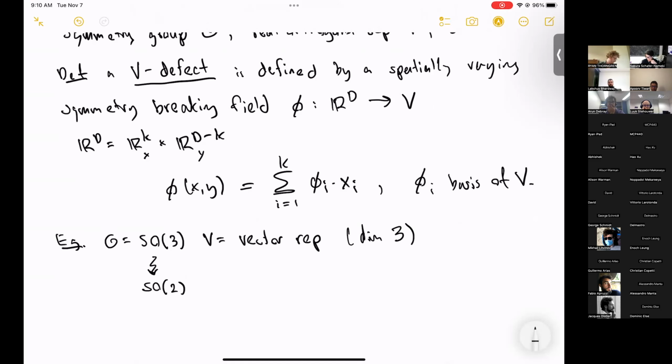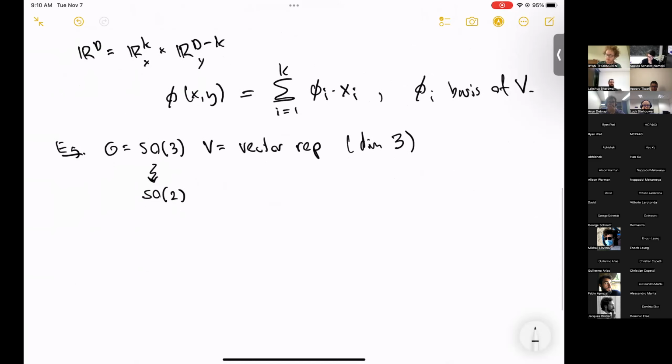Okay, so these are the defects I'm going to study. We're interested in localized modes on the defect.